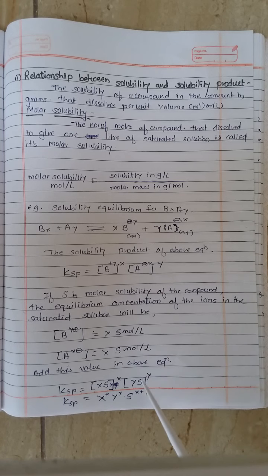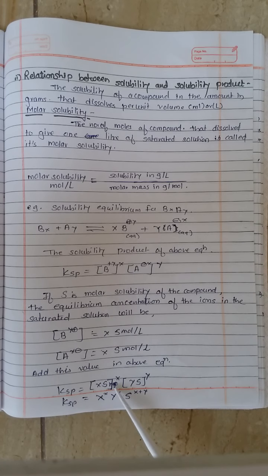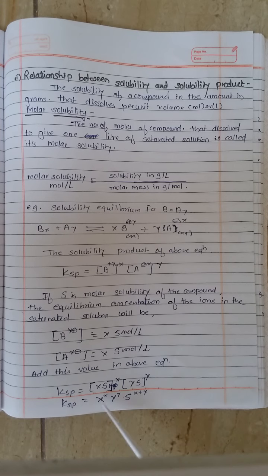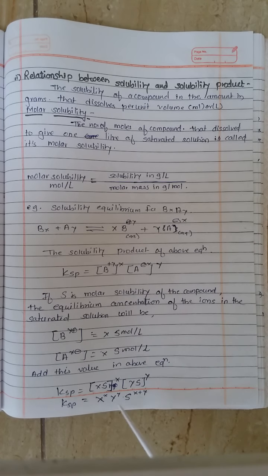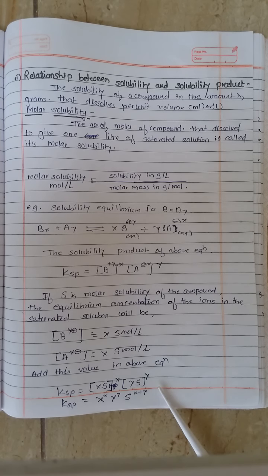Putting these values in the above equation, Ksp is equal to (xS) raised to x and (yS) raised to y. So Ksp is equal to x raised to x, y raised to y and S raised to x plus y.